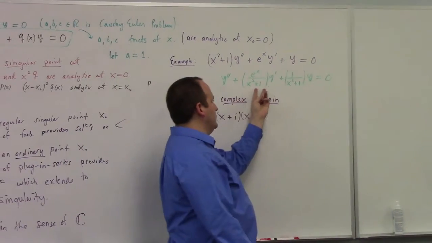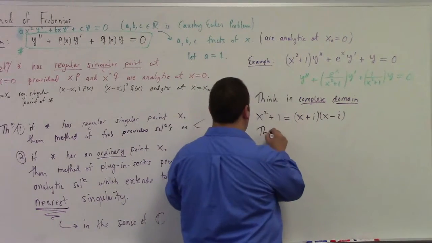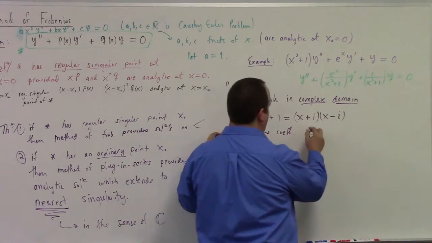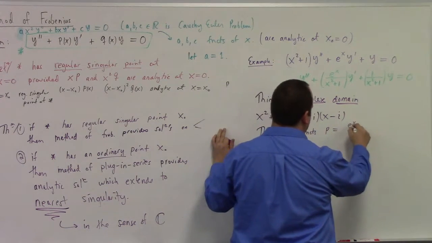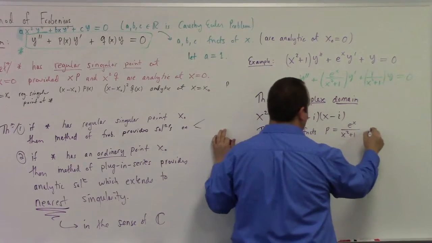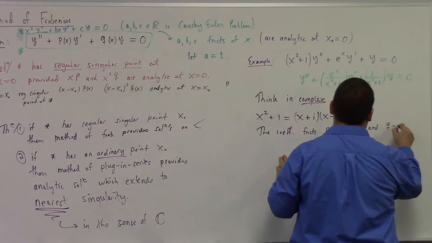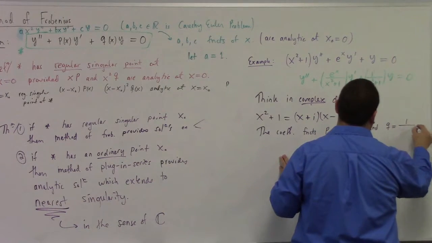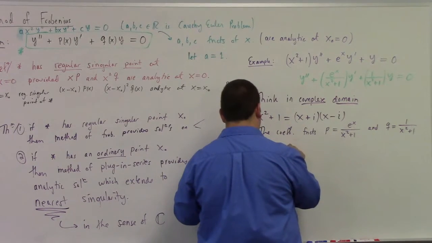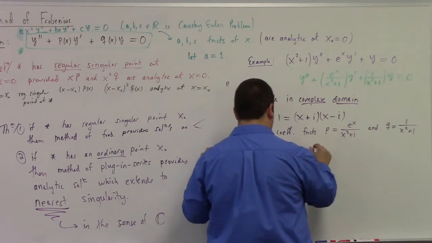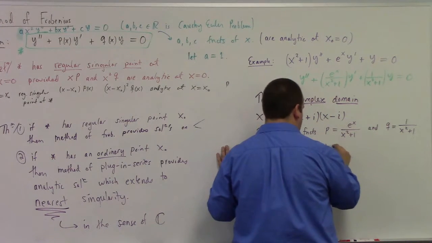So basically the coefficient functions p equals e to the x over x squared plus 1, and q equals 1 over x squared plus 1 are singular at plus or minus i.